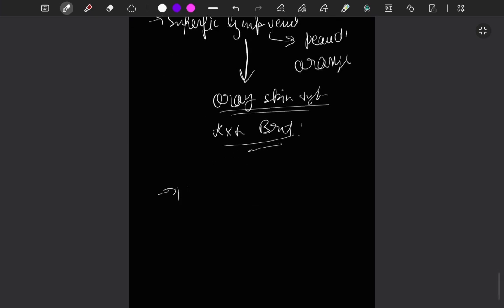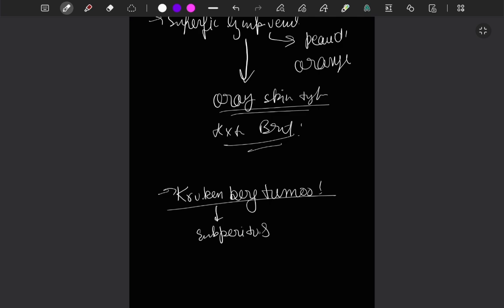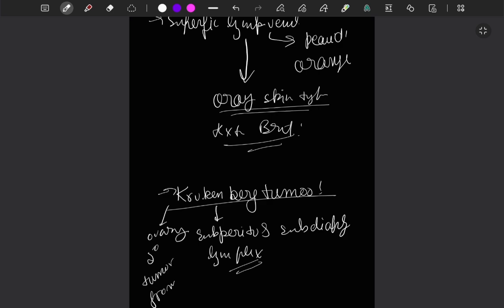There is also something called Krukenberg tumor. It occurs in the ovary due to the subperitoneal and subdiaphragmatic lymph plexus, as a secondary tumor from breast cancer.